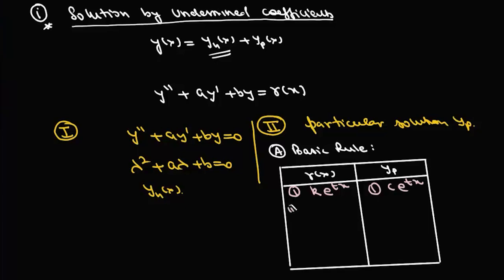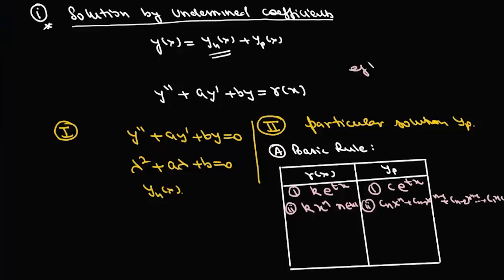Now we have this second case, when r is of the form k x^n, and here the value of n is 0, 1, 2, so basically n is any whole number. Then the choice of yp is cn x^n + c(n-1) x^(n-1) + c(n-2) x^(n-2) up to c1 x + c0.